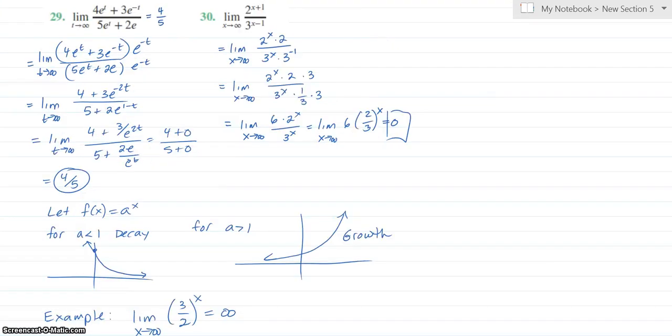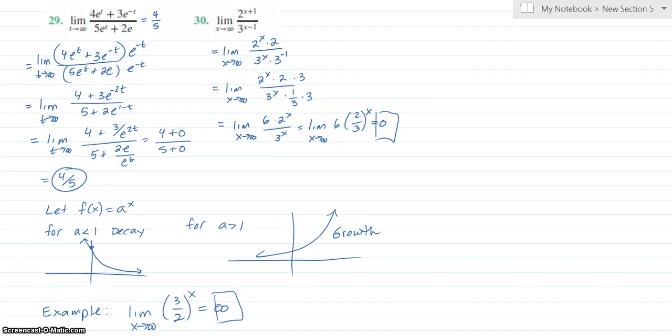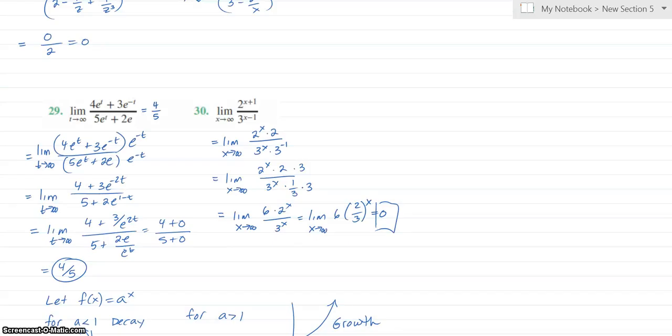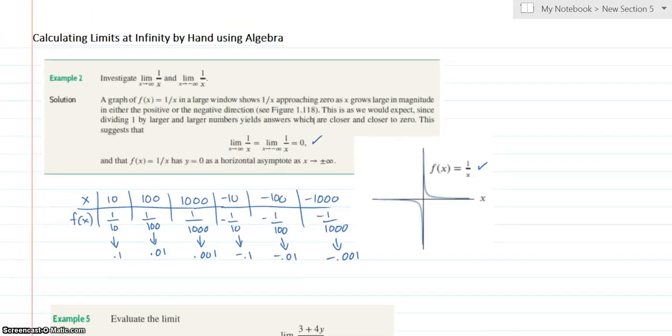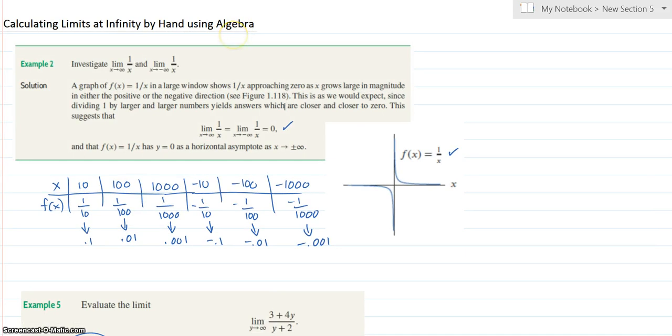So getting this all on one screen, you can see the whole explanation there. The first one was 0, and this example was infinity. So now we have seen 3 ways of finding limits. We have by hand using algebra. That's what we did here.